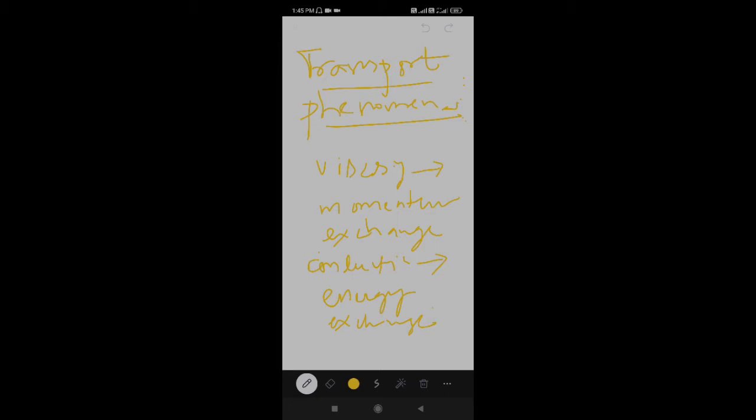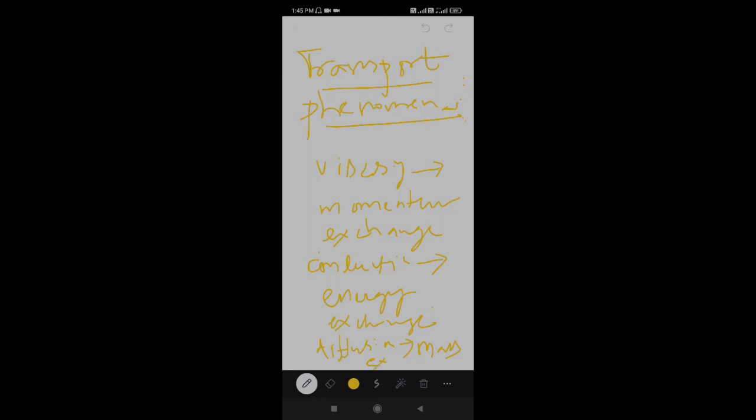Similarly, the third property exhibited by gases is diffusion. Diffusion results from mass transport, mass exchange.